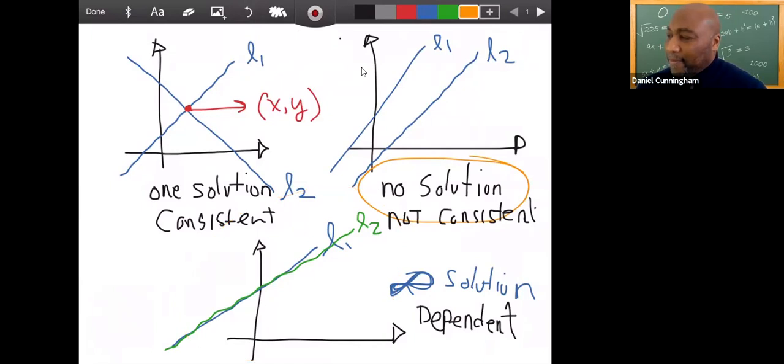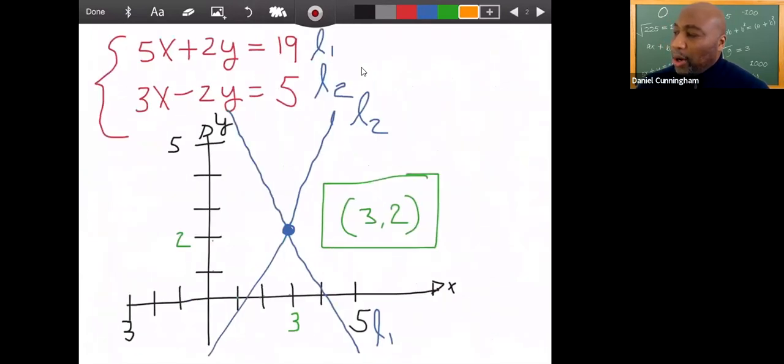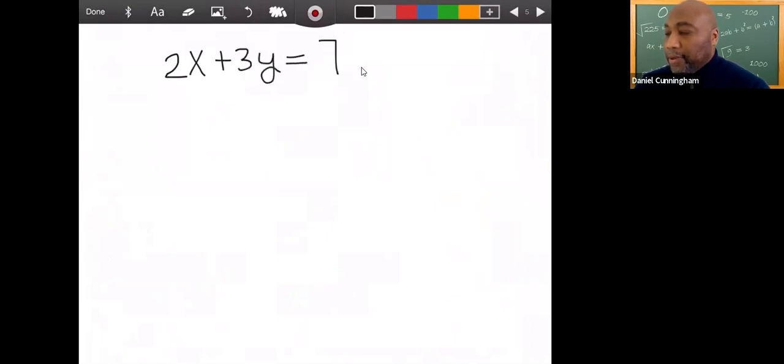Let's look at one more. So let's write this one down. Let's say you have 2x plus 3y is equal to 7.